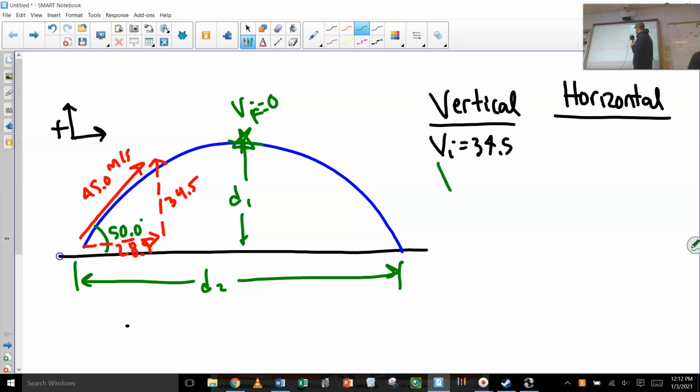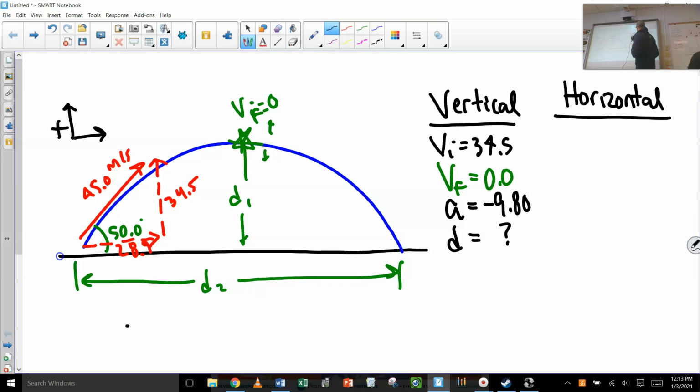Because vertically up and down, the projectile's not going up at this point, and the projectile's not going down at this point. It's going purely horizontal, totally left and right. The acceleration is going to be equal to negative 9.80, assuming we're on Earth. And I want to know how high up in the air it goes.